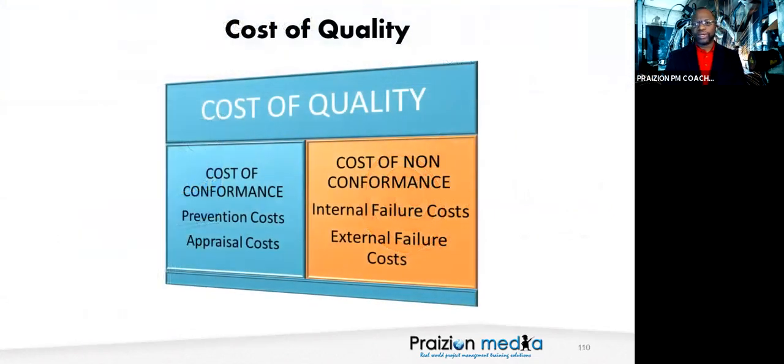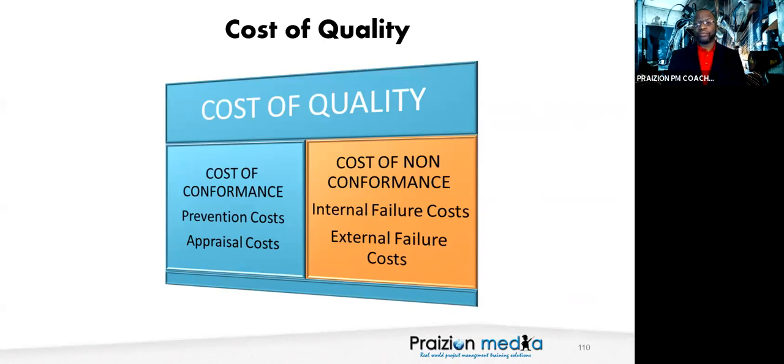Now, failure to adhere to quality standards could result in huge irrecoverable losses. There's a concept known as the cost of quality. There are two costs. One is a proactive cost and the other is a reactive one. The proactive cost is known as cost of conformance, as you can see on the screen.